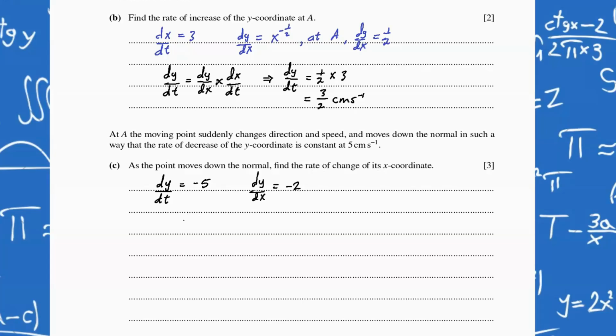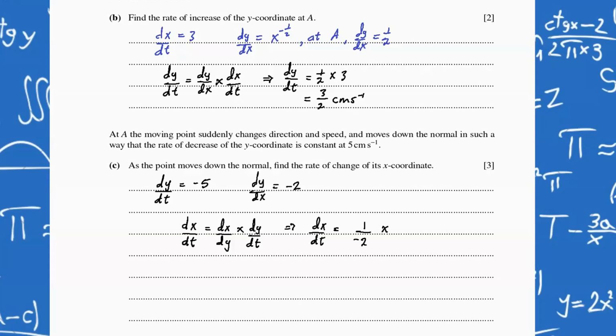All right, so that's dx by dt, which by the chain rule should be dx by dy times dy by dt. That's how we can have the correct chain rule. So basically dx by dt equals to, and for dx by dy, that's going to be 1 over minus 2.